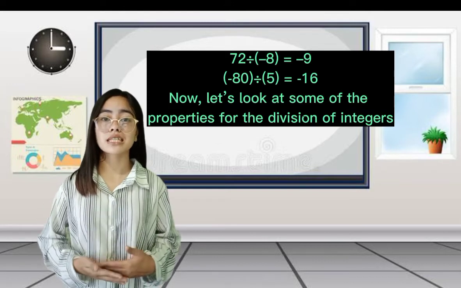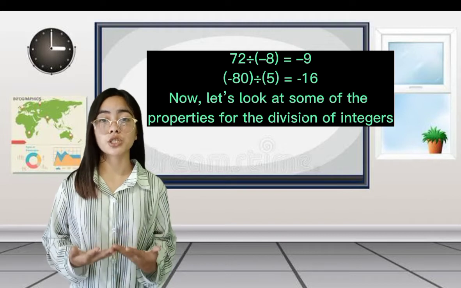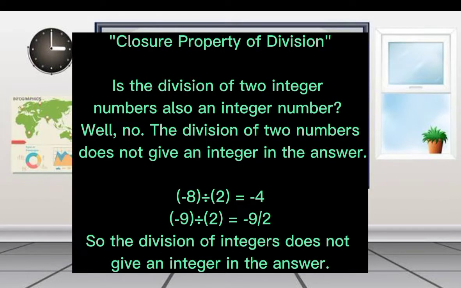Now let's look at some of the properties of the division of integers. The first property is the closure property of division. Is the division of two integer numbers also an integer number? Well, no. The division of two integers does not always give an integer as the answer. Say for example, negative 8 divided by positive 2 equals negative 4, and negative 9 divided by positive 2 equals negative 9 over 2.